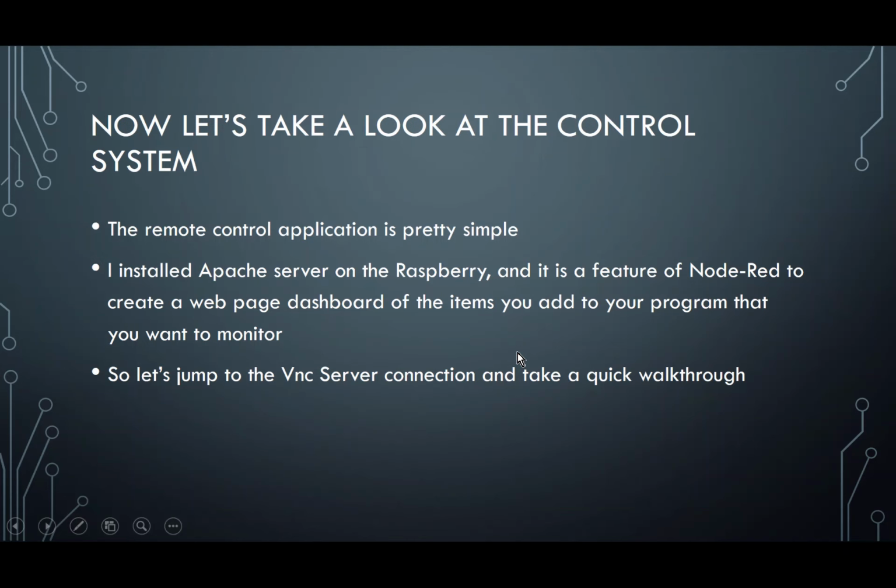So I want to give you a closer look at the control system by logging into the Raspberry Pi itself. Keep in mind, this thing is sitting outside. It's got nothing hooked up to it other than power and the sensors and the relays that control the pumps. The remote control application is pretty simple. I've installed Apache Server on all my Raspberries, as a matter of fact.